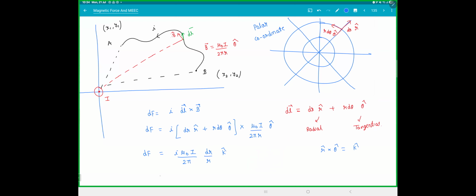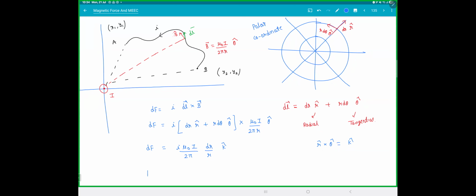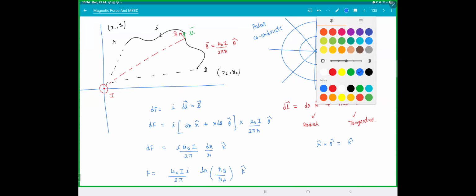There. So if you integrate this, we get F is equal to mu naught capital I small i by 2 pi ln of the distance rb by ra, k cap. That's your result, everyone.